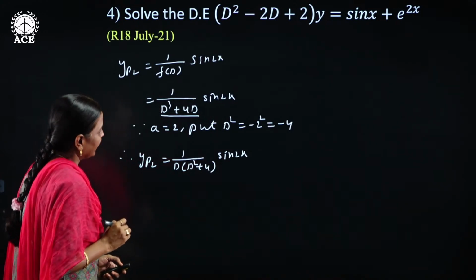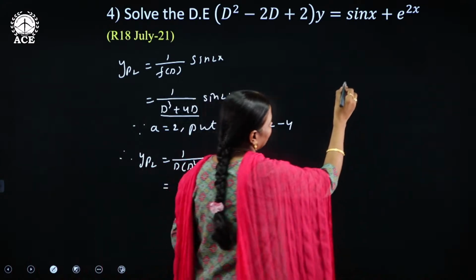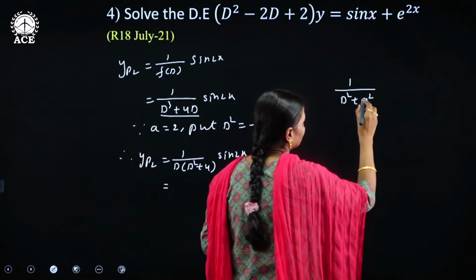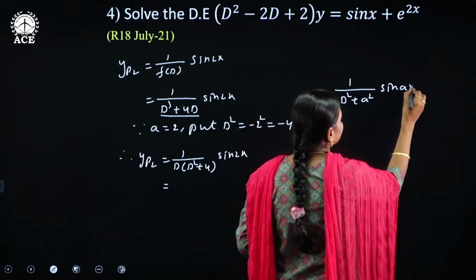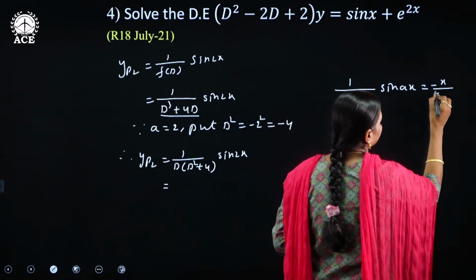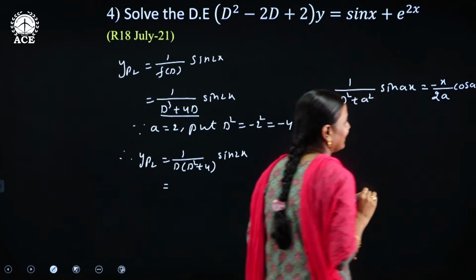So, already I told what the formula is: 1 by d square plus a square into sin ax is equal to minus x by 2a into cos ax. Just apply that formula.